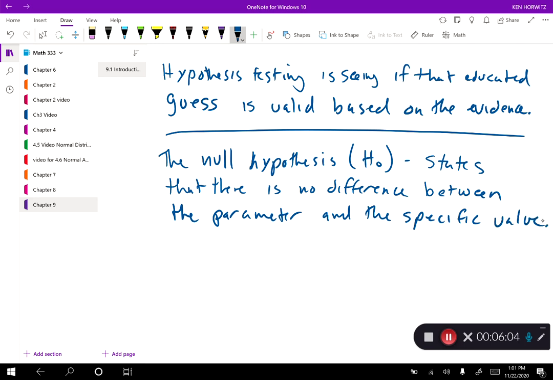Very often, you can identify the null hypothesis because it'll be the one with the equal sign attached to it. And we'll talk more about that in a little bit.